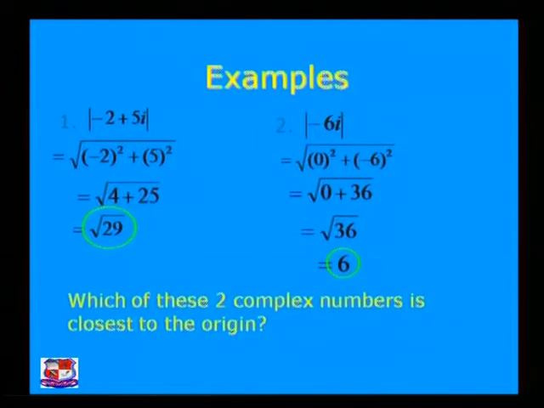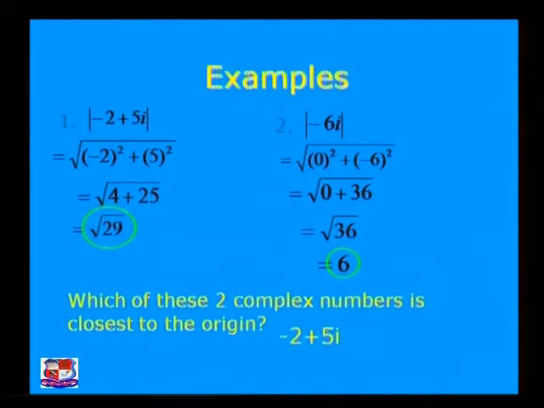So here we can now say that the complex number -2 plus 5i has the modulus root 29, and the complex number -6i has the modulus 6, which is greater than root 29. So -2 plus 5i is the closest complex number between these two from the origin. So the answer is -2 plus 5i.